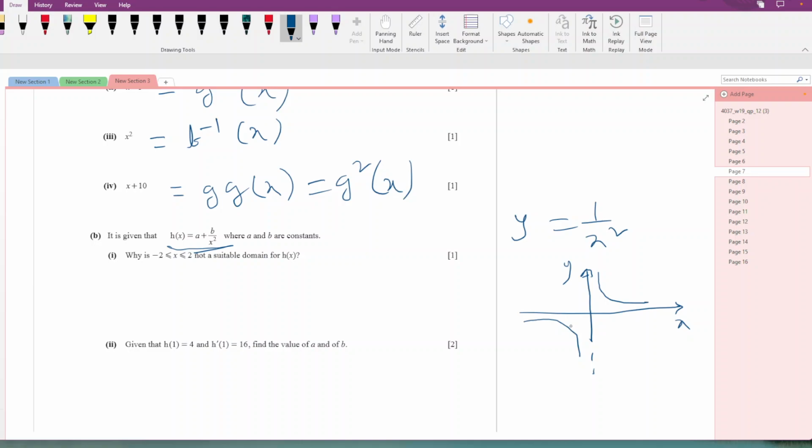At the y-axis, x equals 0. Therefore, the line of asymptote is the y-axis, or the equation of the line of asymptote is x equals 0. It means that the curve never meets x equals 0.